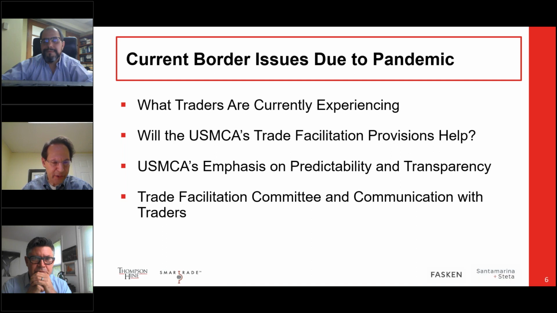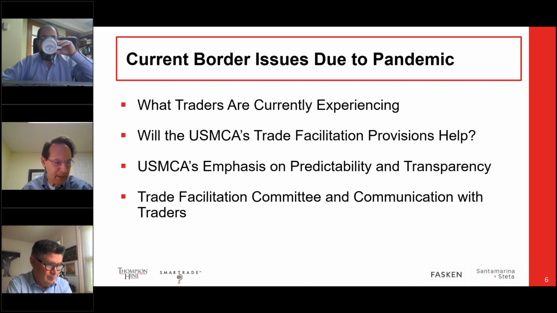Will they prevent the situation of border guards not having enough masks to give drivers? No, they won't. Will they prevent border officials from having a certain amount of inconsistency in the application of federal law? No, it won't. Will it minimize that risk? Yes, it will.